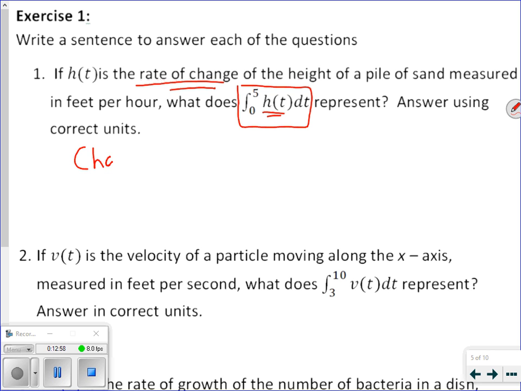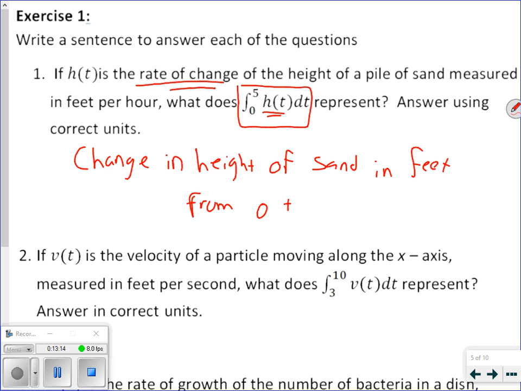So we're going to say the change of height of sand in feet from 0 to 5 hours. This tells me how much sand has accumulated from 0 to 5 hours. That's another way you can say it. The height accumulated in feet from 0 to 5 hours.